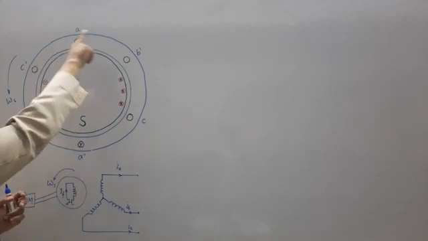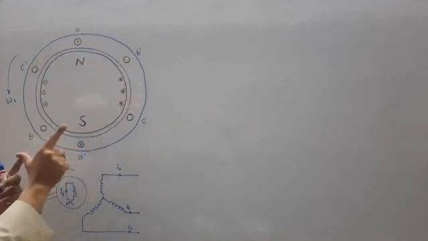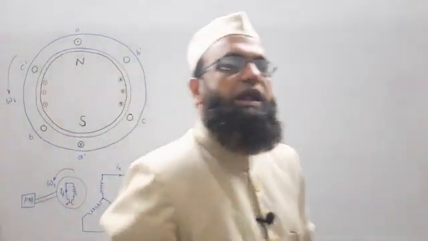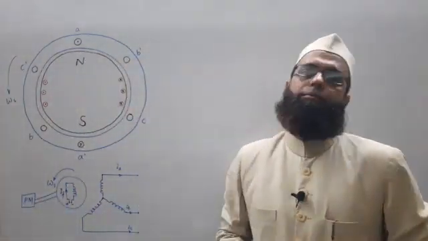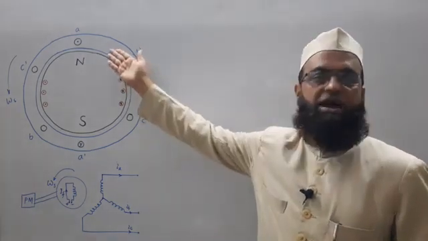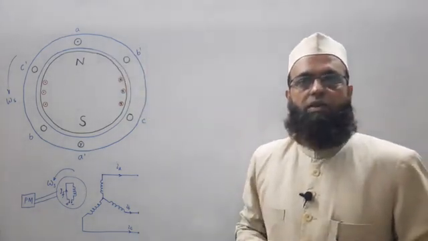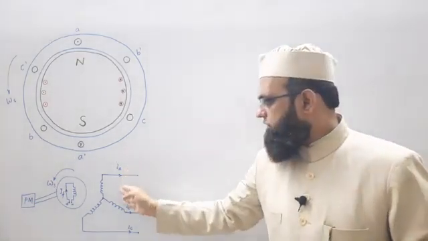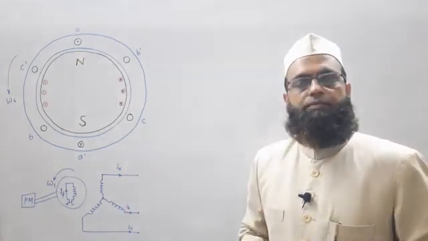Force is clockwise here, the thumb will indicate this way, fine. So cross will be there. If load is connected, then current will start flowing in this direction. If load is not connected, even though EMF is induced, load current will be 0, all the 3 phase currents will be 0.